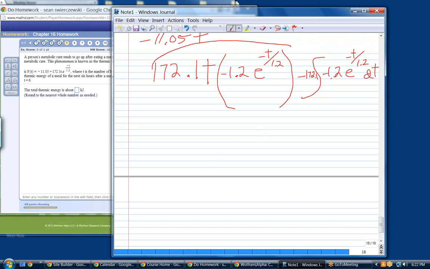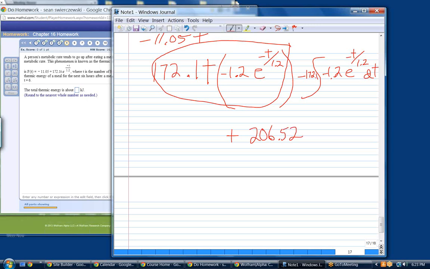Okay, so we have this. Let's take out the 1.2 and multiply it by 172.1. We're going to remove this negative 1.2 outside the integral also, because it's a constant. We can do that. So let's multiply that by 172.1. 172.1 times negative 1.2 is negative 206.52.